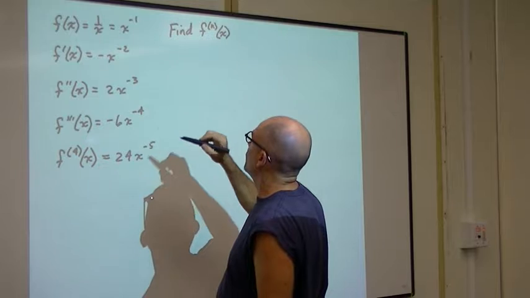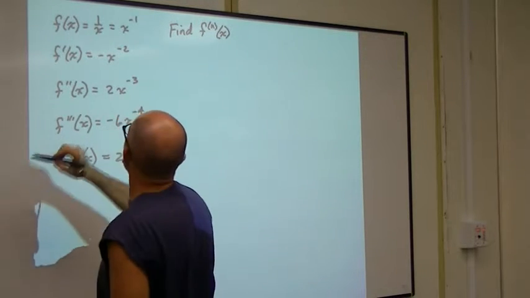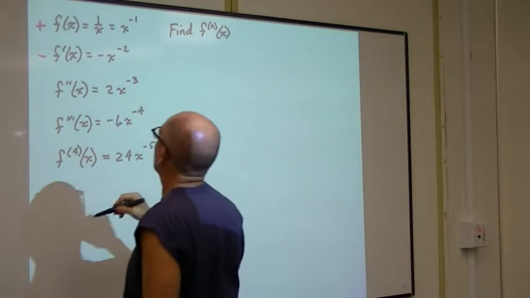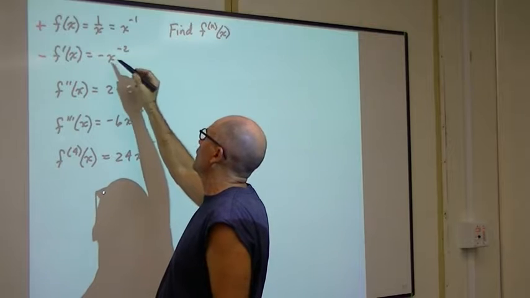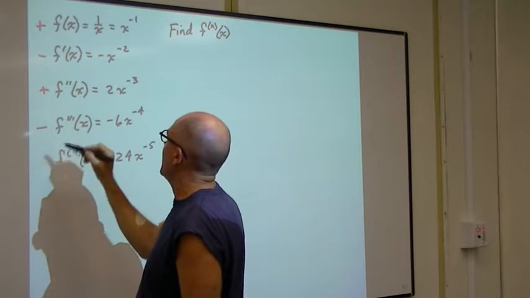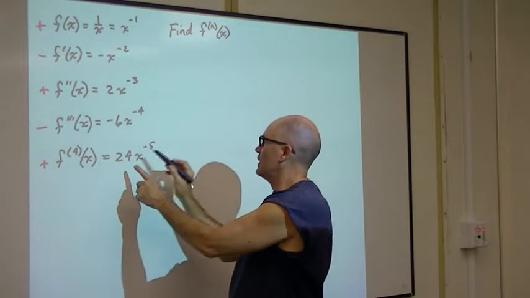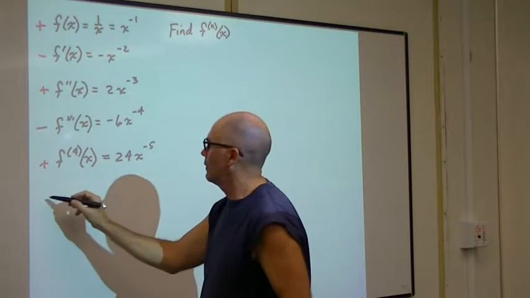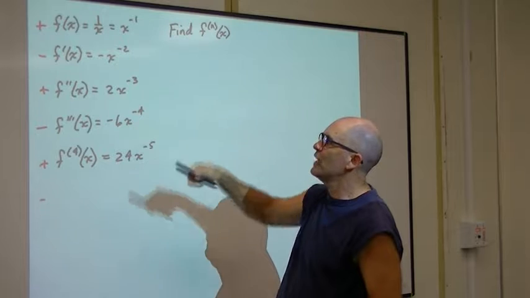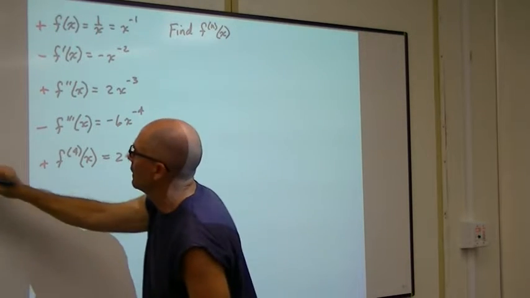So what I can do is I can write, notice we've got the first function is positive, the derivative is negative, the second derivative back to positive again, then negative, then positive. Now if I take this derivative, it's going to end up being negative again. So clearly what's happening is I'm alternating signs.